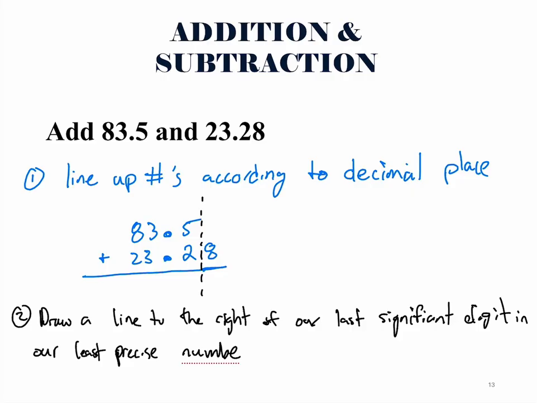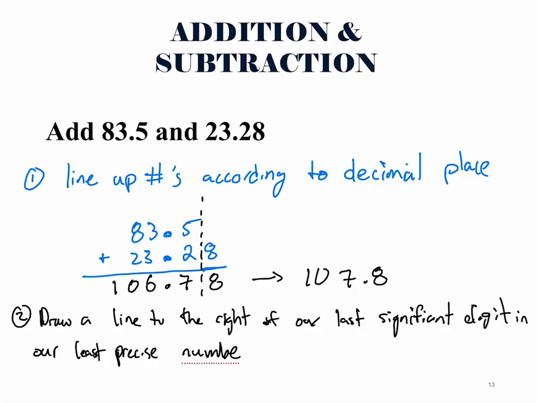So what I do is I get 106.78. Right, so that means I'm keeping everything to the left of this line right here, right? And I do have to do some rounding here. So what should the final answer be? 107.8.